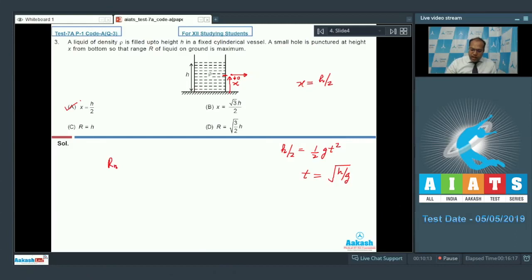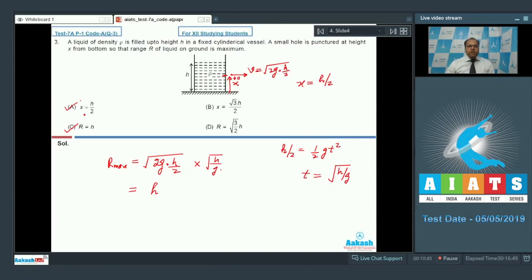So the maximum range R max can be written as V, that is under root of 2g into h, where the height is h by 2. So V into t, so under root of 2g into h by 2, multiplied by under root of h by g. So if I solve this, it comes out to be h. So option C is also correct. So the correct answer for question number 3 are options A and C.